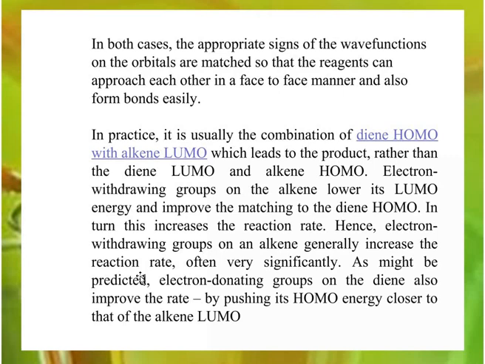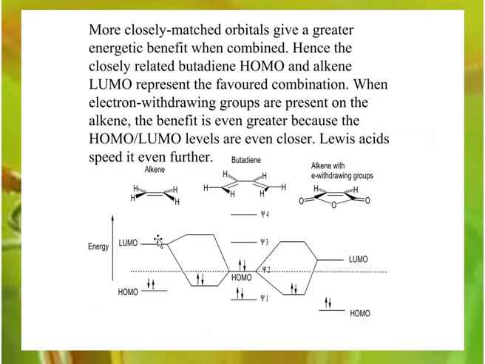Electron withdrawing groups on the alkene lower its LUMO energy and improve the matching to the diene. In turn, this increases the reaction rate. Hence, electron withdrawing groups on the alkene generally increase the reaction rate, often very significantly, as might be predicted. Electron donating groups on the diene also improve the rate by pushing the HOMO energy closer to the alkene LUMO.